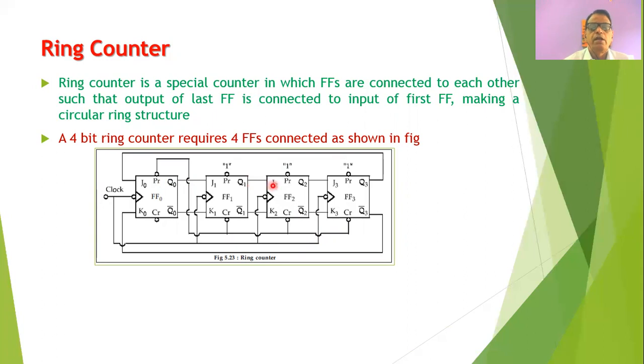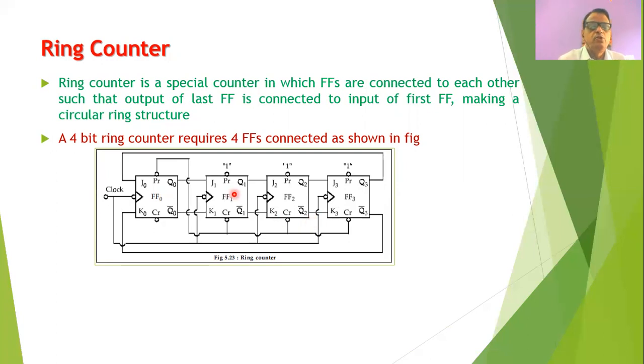Similarly, Q1 is connected to J2, Q1 bar is connected to K2, Q2 is connected to J3, and Q2 bar is connected to K3. So the arrangement that we make in case of a ring counter is slightly different from that of a regular synchronous counter.